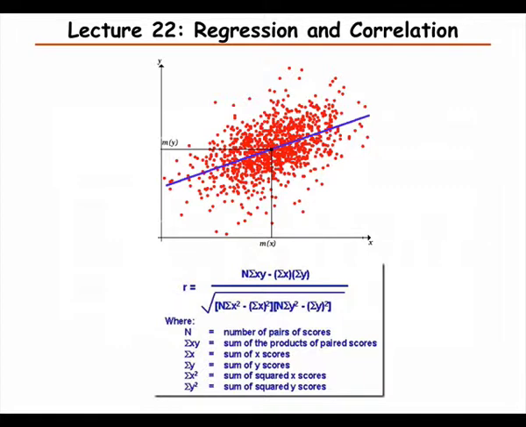And then regression and correlation. That's a very common thing that you will come across when you do experiments, where you want to correlate different measurements and see whether there is any correlation between them.